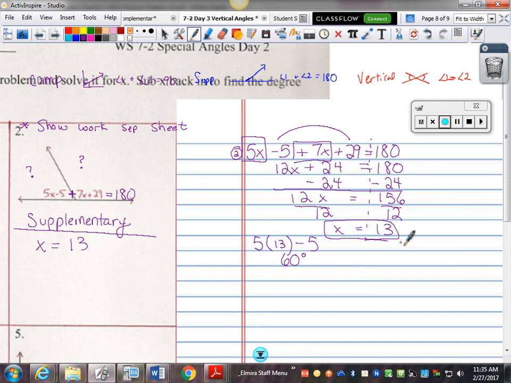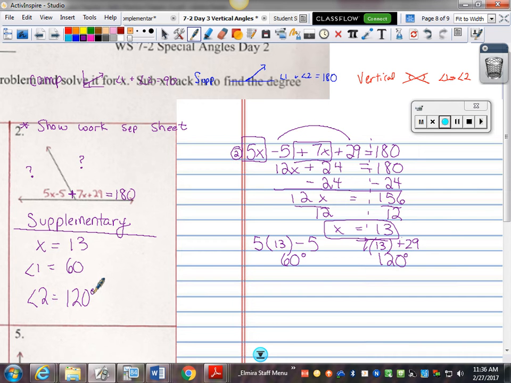And 7 times 13 plus 29 is 120. And so my two angles, angle 1 is 60 and angle 2 is 120.